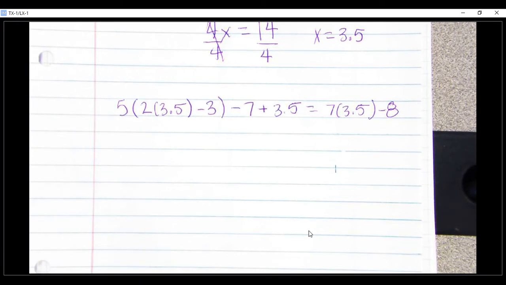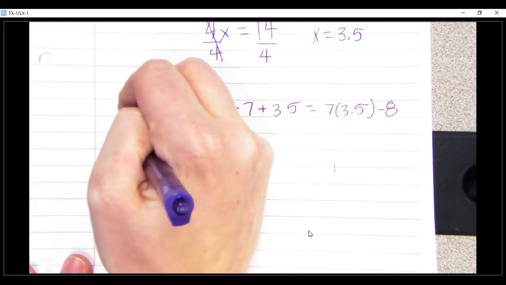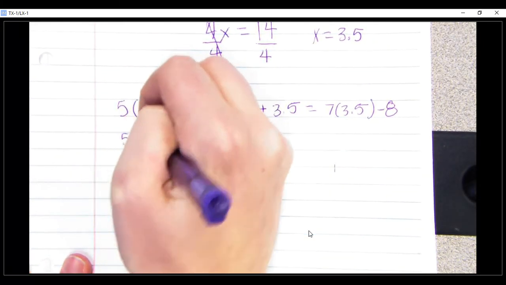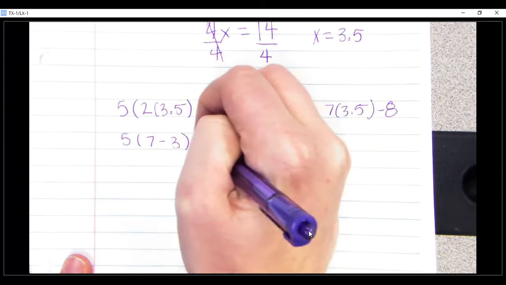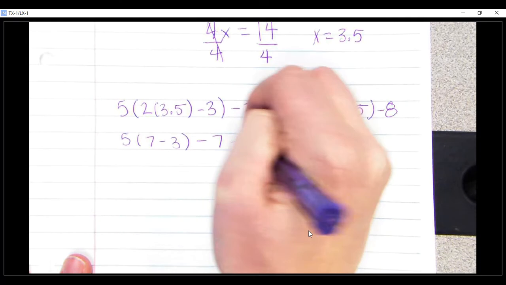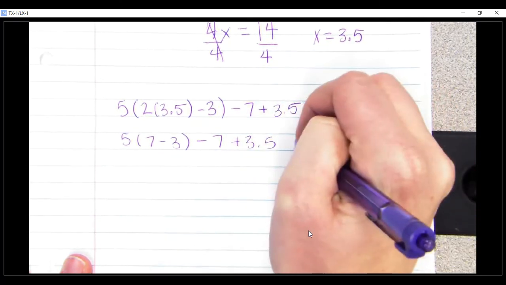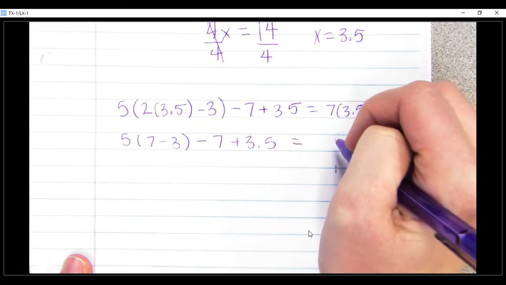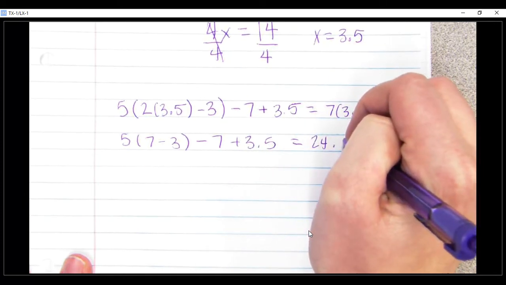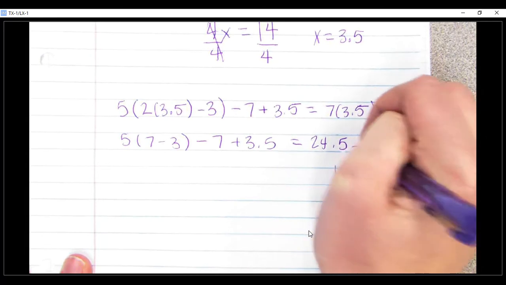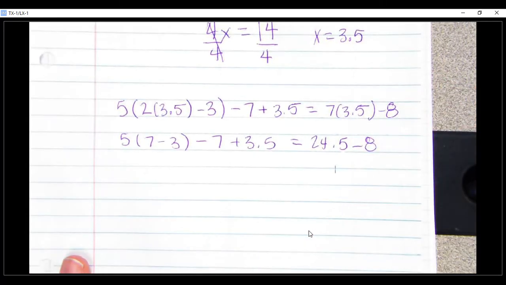So again, I'm going to start with what's inside my parentheses, and I will have 5 times 7 minus 3 minus 7 plus 3.5 equals 24.5, which is 7 times 3.5, minus 8.